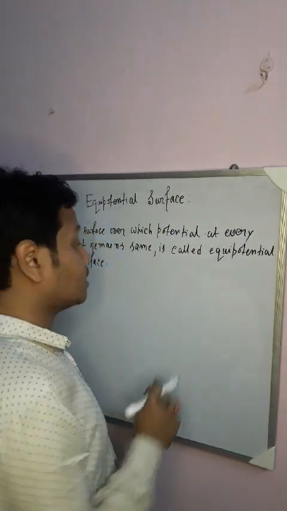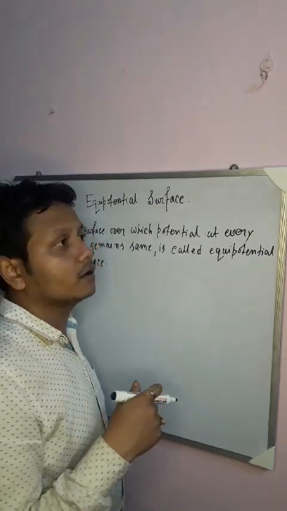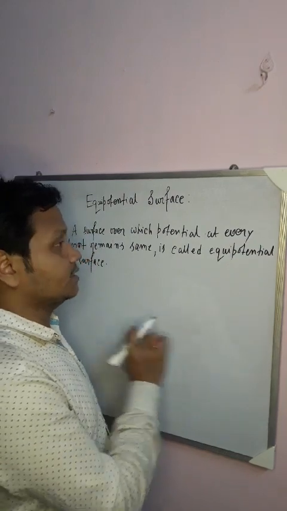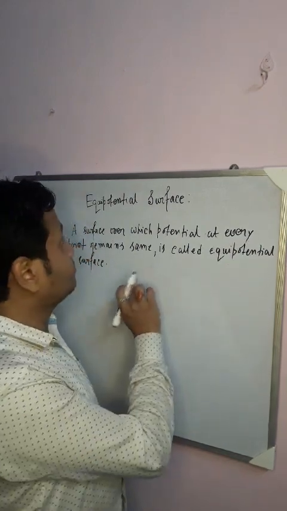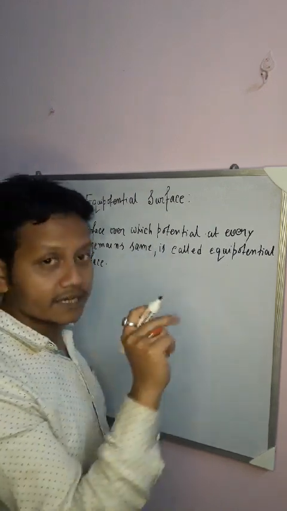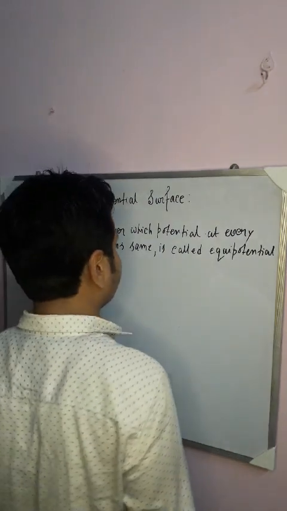One thing to remember, we are also going to learn these things in electricity, but here in the gravitation chapter I just give a brief introduction of equipotential surface. We will also learn it in the electricity chapter, Gauss's theorem in electrostatics chapter.